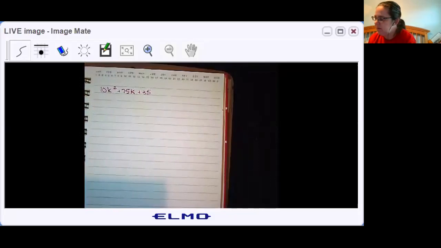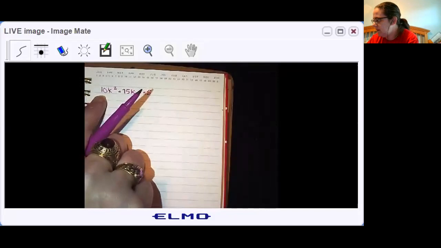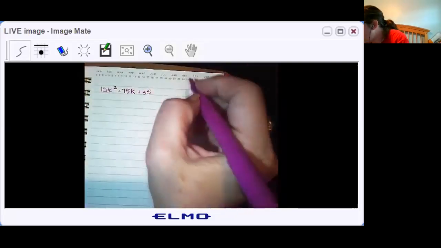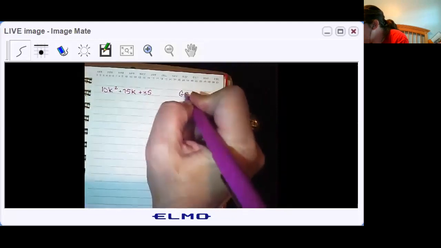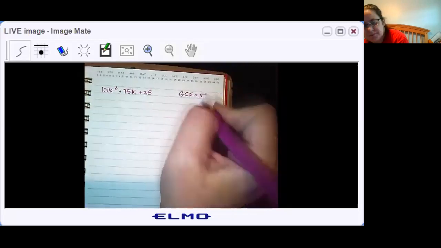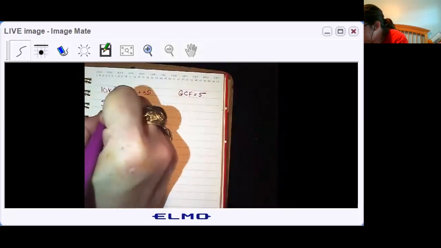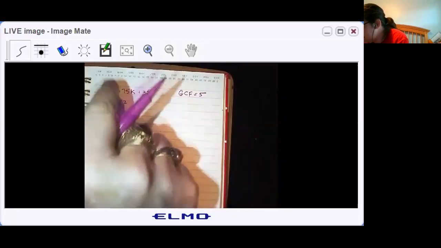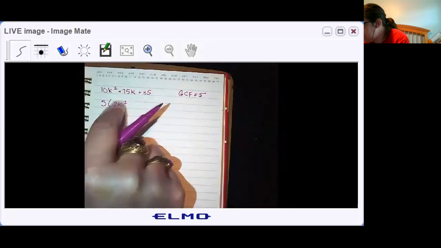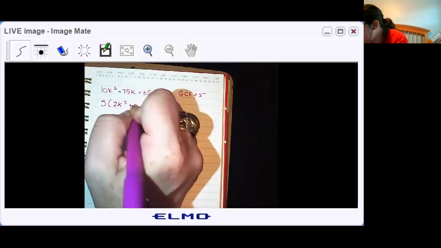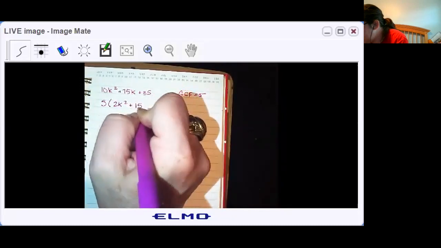So let's look at this. 10, 75, and 35 are all multiples of 5. So that's what I'm going to do first. I'm going to take out the 5. 10 divided by 5 is 2. 75 divided by 5 is 15.